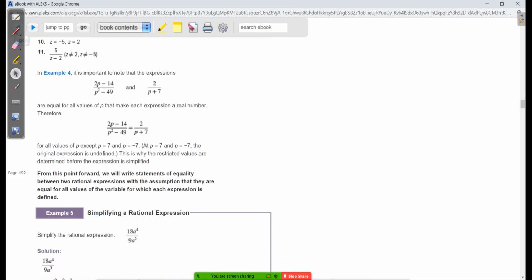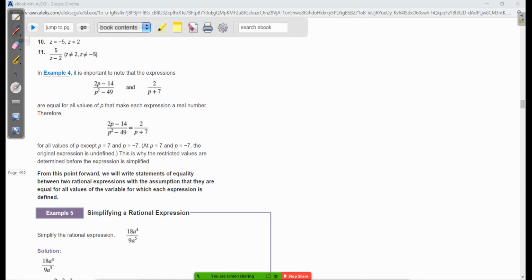Okay, right here. In example 4, it's important to note that the expressions are equal for all values of p that make each expression a real number. Therefore, we can reduce it for all values of p except p equal to 7 and p equal to negative 7. This is why the restricted values are always determined before the expression is simplified. From this point forward, we will write statements of equality between two rational expressions with the assumption that they are equal for all values of the variable for which each expression is defined.